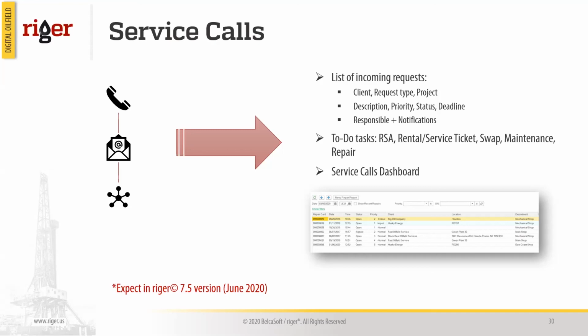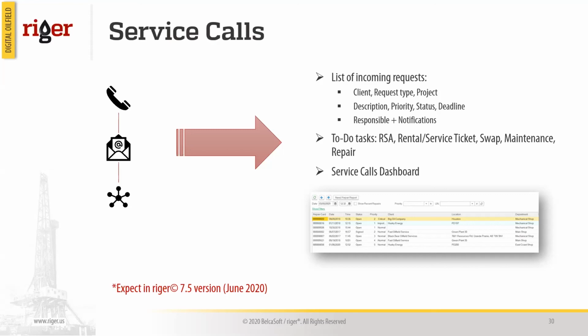So if you have a dispatcher or operations person in your company who receives all the incoming calls, they will register them in the service call module, and notifications to the responsible person will be sent automatically by the system.